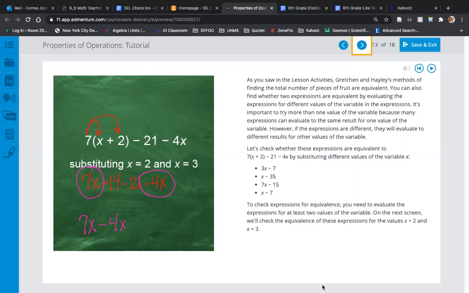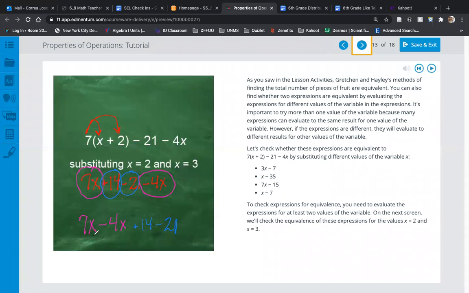And then let's look at what I have left over. I still have a plus 14 and a minus 21. So 7x minus 4x, I'm basically just rearranging these things, right? Minus 21. There we go.